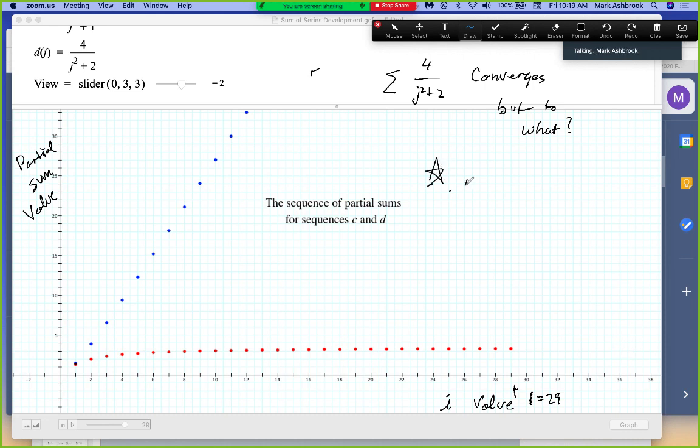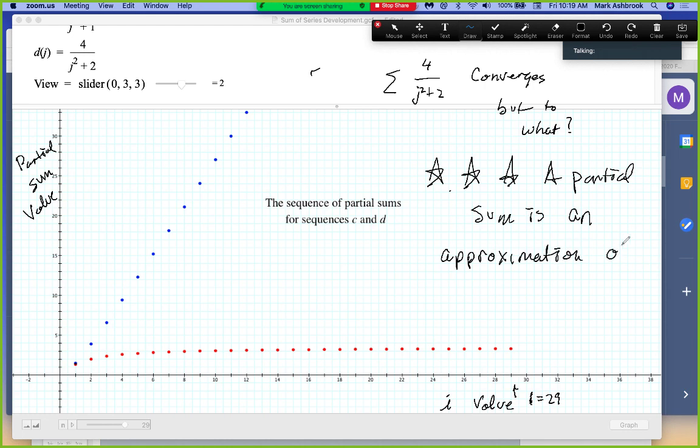Huge point. A partial sum is an approximation of the whole sum. Is that ever true?